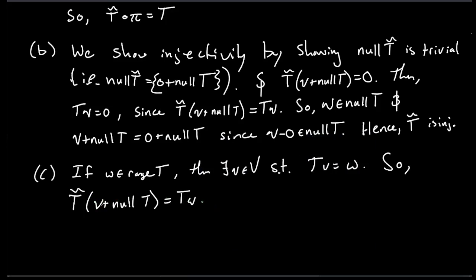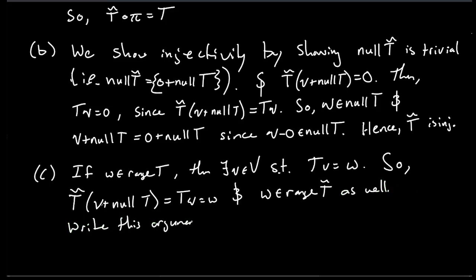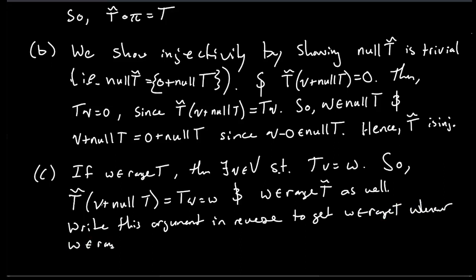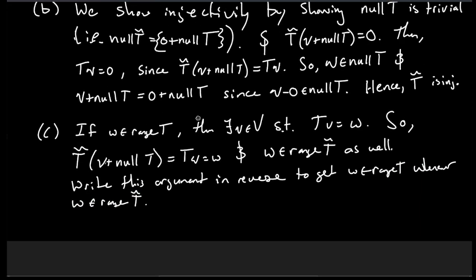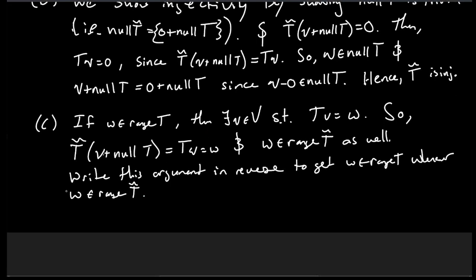It's the definition of T tilde, which is w, and w is in the range of T tilde as well. Write this argument in reverse to get w in range T whenever w is in the range of T tilde. Okay, so they're equal. Nice. Okay.